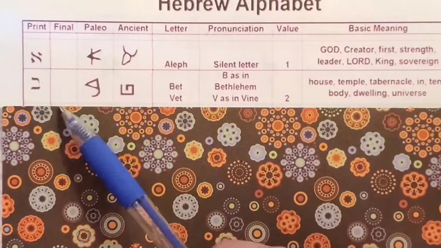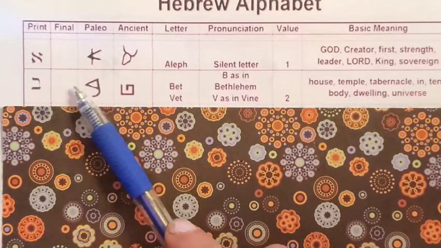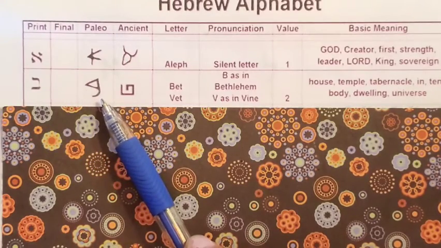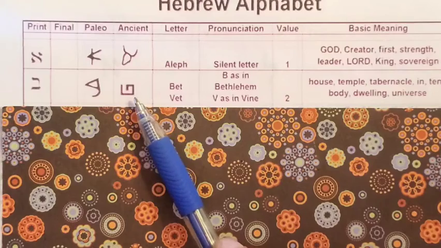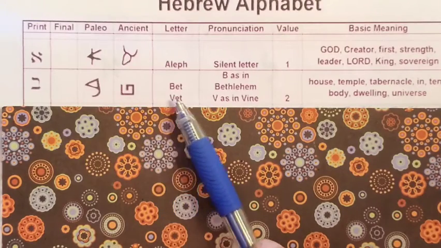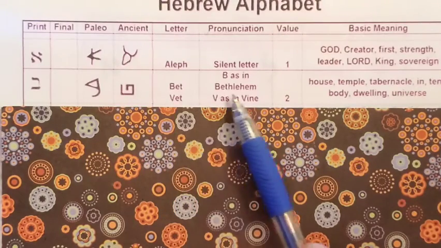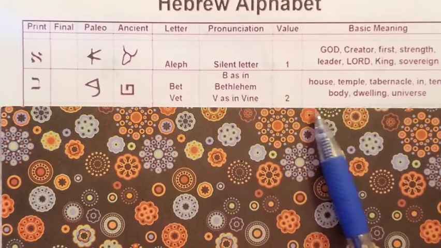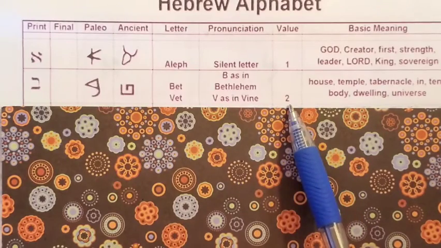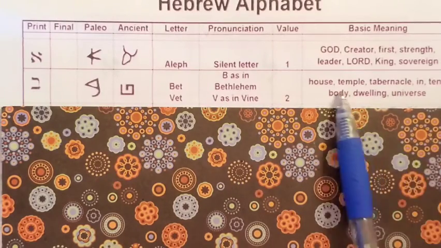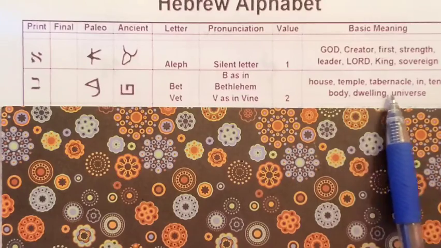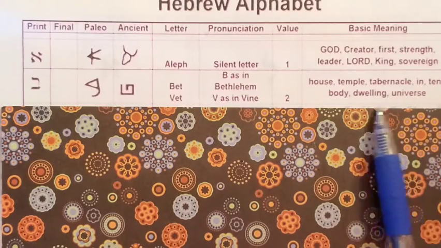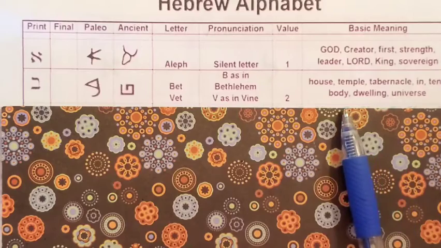All right, on this chart, we've got our Bet over here, the way it was written in Paleo, ancient writing. And then the letter name, what sound it has, its numerical value, and the meaning. House, temple, tabernacle, inn, tent, body, dwelling, universe.